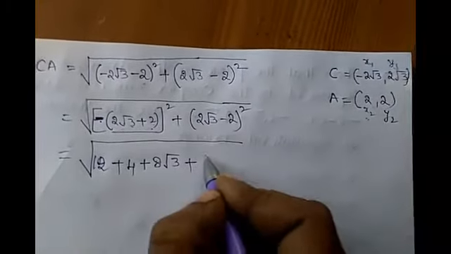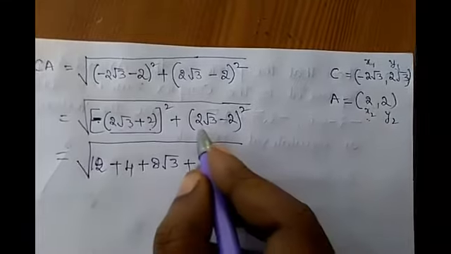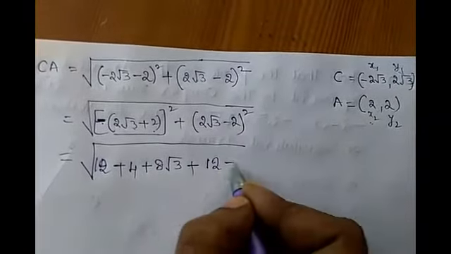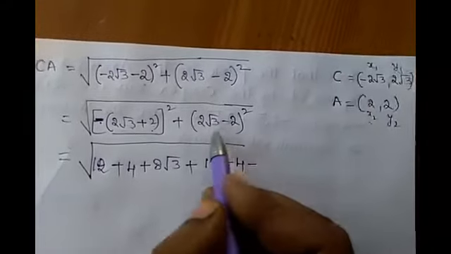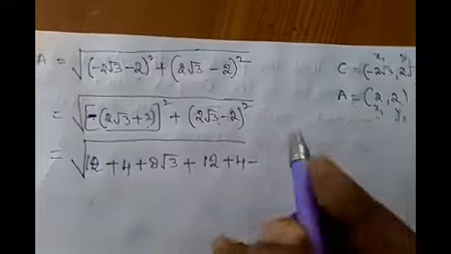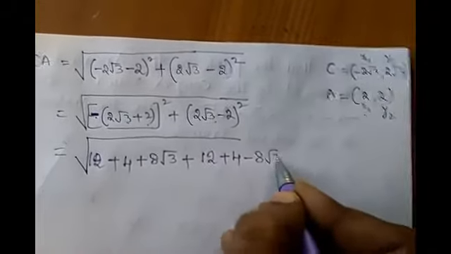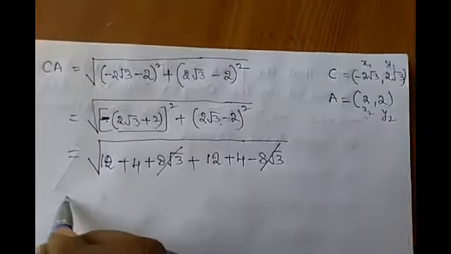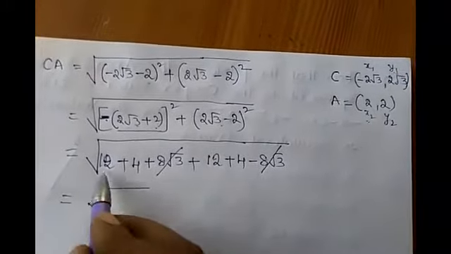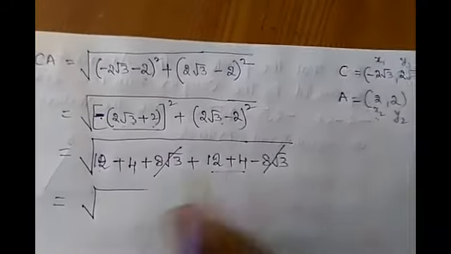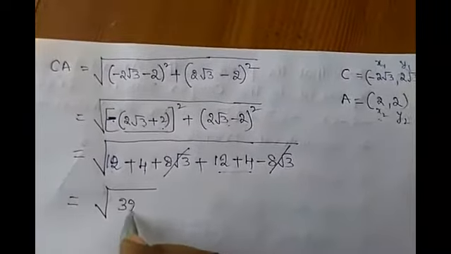A square means 2 root 3 whole square, so 4 into 3, 12. B square means 2 square, plus 4, minus 2ab means 2 into 2 root 3, 4 root 3, 4 root 3 into 2, 8 root 3. Now plus 8 root 3 and minus 8 root 3 cancel. The remaining are 12 plus 4, 16. Here also 16, you get 16 plus 16, 32.